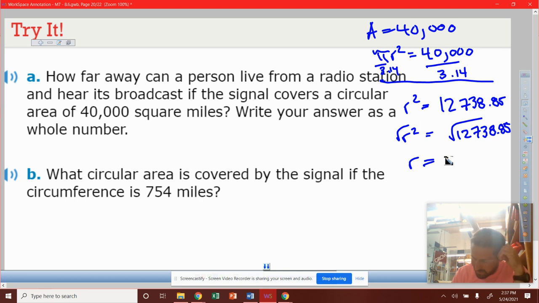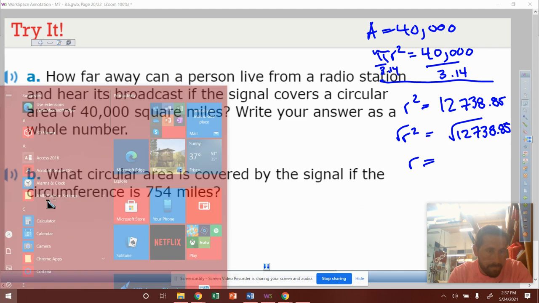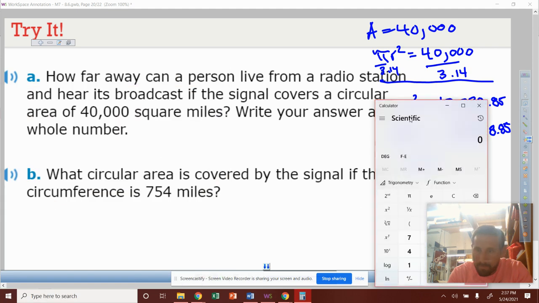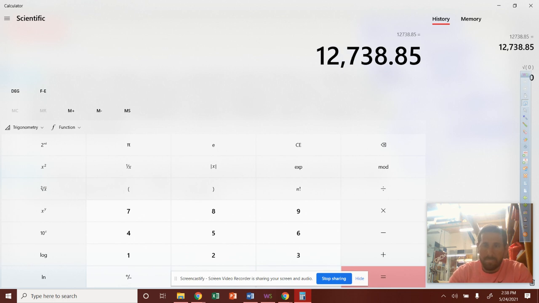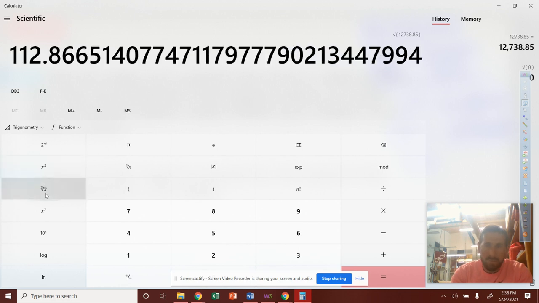But I don't think I have an advanced enough calculator right here to be able to do that. Okay, so we want the square root of 12,738.85. We want the square root of that number.